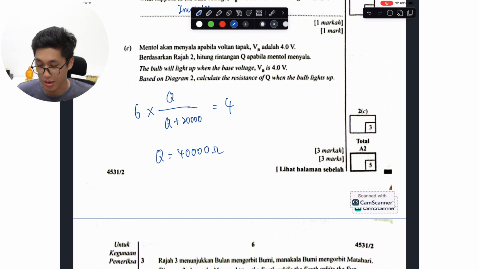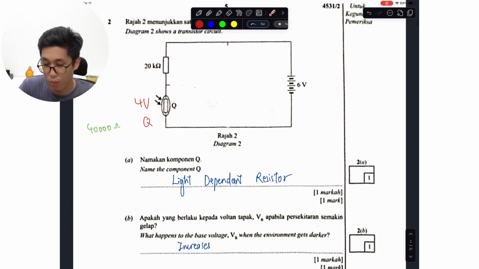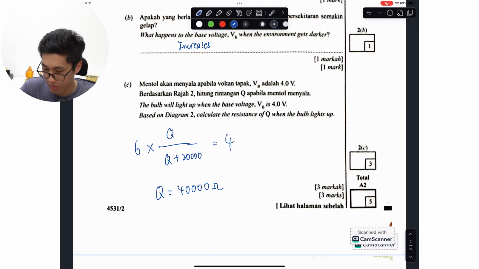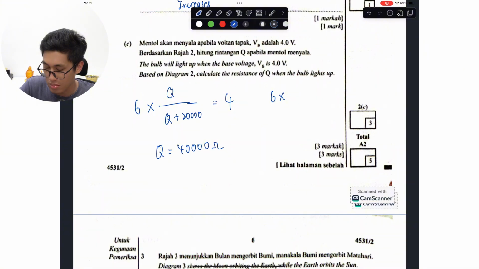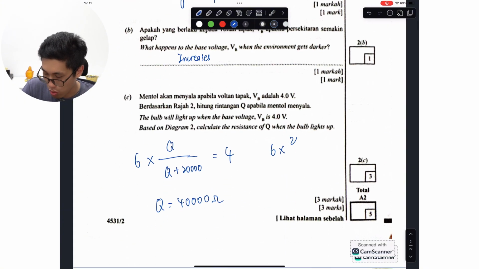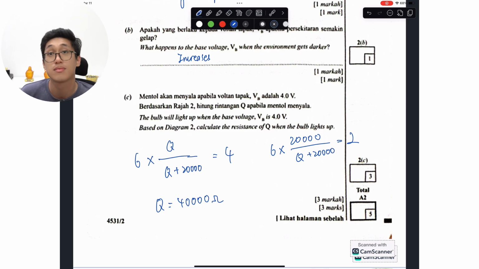Now, if you want to do it for the top one, it's also possible. Top is 2 volts. So I can say 6 times 20,000 over the total, Q plus 20,000, equals 2 volts.